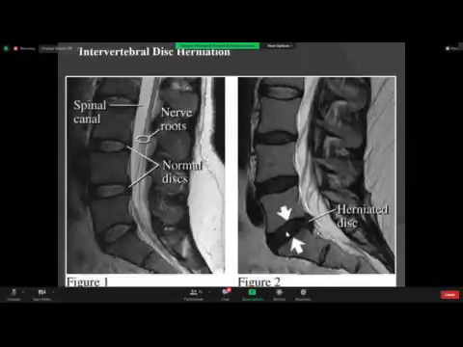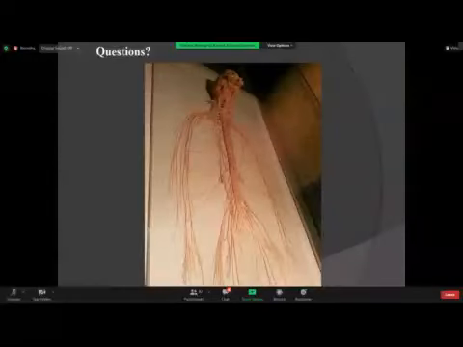If there is some herniation for some reason, it can cause a lot of pain, and if it is present towards a motor area, it can cause loss of motion in that particular region.